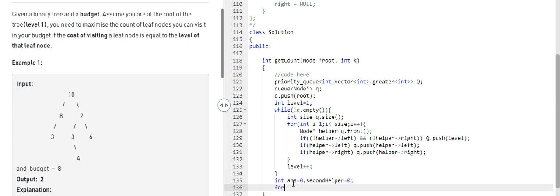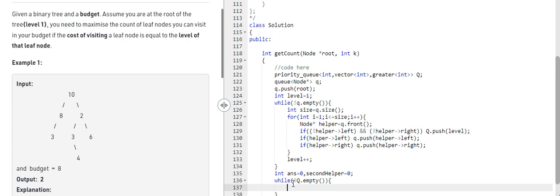Here I use a while loop until capital Q is not empty. Here we pop Q dot nodes, capital Q.